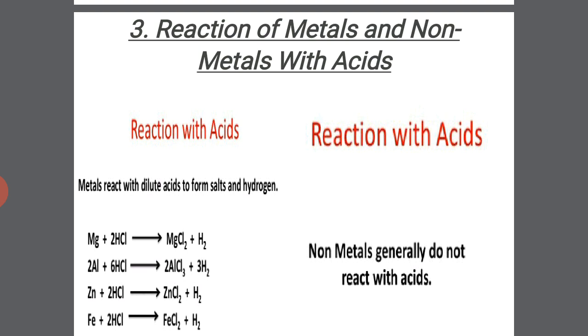Dilute means the amount of acid is 10%, the rest is water. If it is reversed, 90% acid and 10% water, then it becomes concentrated, it will not remain dilute. Non-metals do not react with acids. So it's very easy to remember.